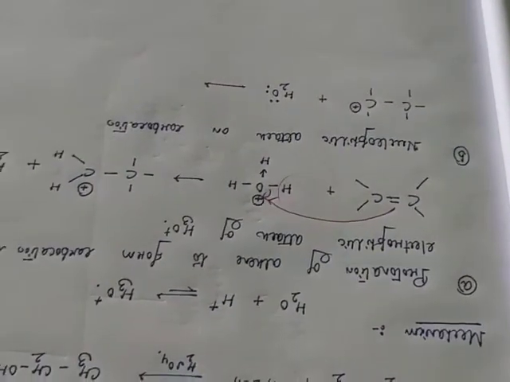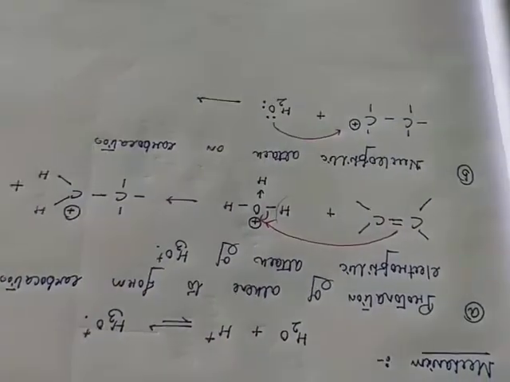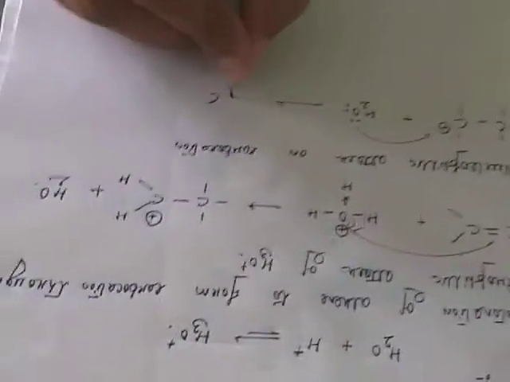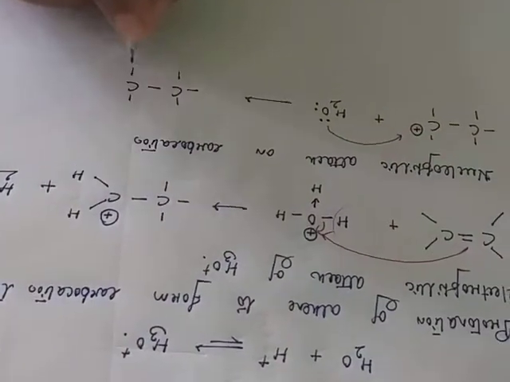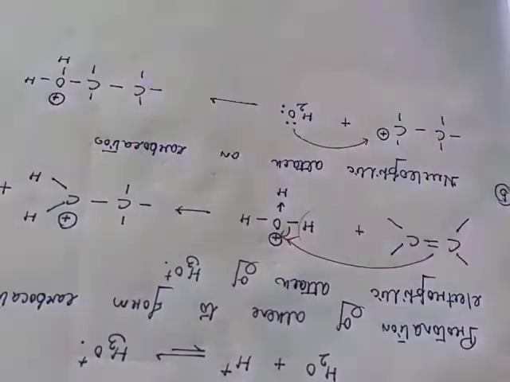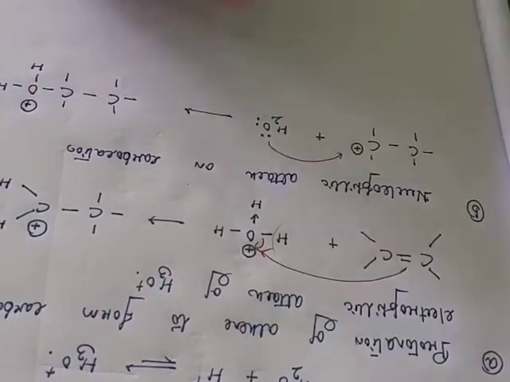So this unshared pair actually attacks over here, and we are able to get this, which is called a protonated alcohol, also known as oxonium ion.